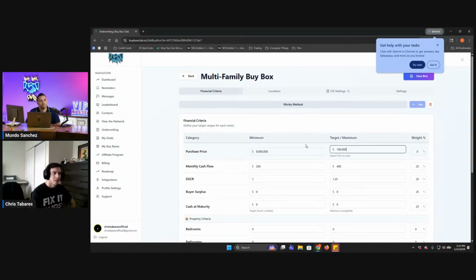Maximum and target, that's interesting verbiage here. Tell me about that. Yeah, I've gotten that feedback from some people. I think I'm going to end up splitting it into 3 columns because it does confuse people. It needs to be very clear: this is the max, but where's my target, where I want to hit?